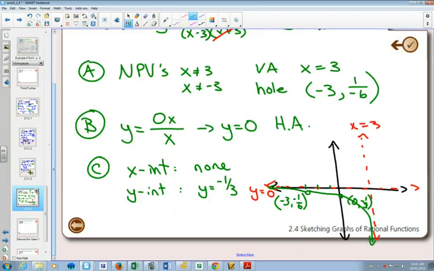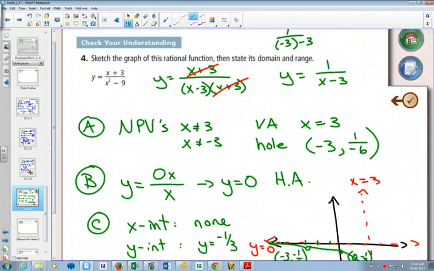We don't have any points labeled to the right of our graph, so we don't know which section to draw it in. So we're going to plug in a value, like a table of values. I'll go to my factored form here. I'm going to plug in x equals 4. Well, then I'd have 4 minus 3, which is just 1 on the bottom. 1 divided by 1 is 1.